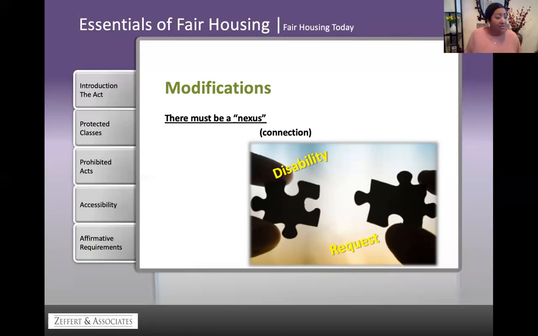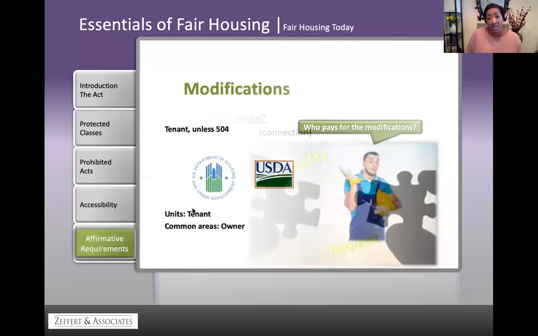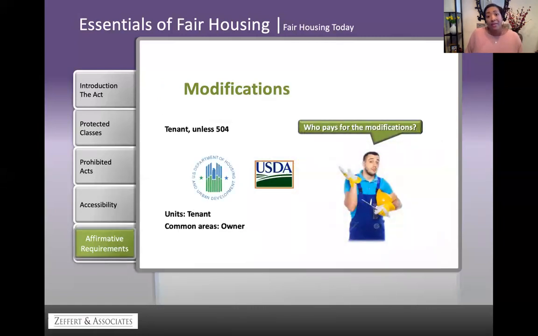As with reasonable accommodation, there must be a nexus, which is the connection or relationship between the applicant or tenant's disability and the modification they are requesting. Who pays for these modifications? If it is federally subsidized or federally funded housing, such as rural development or HUD, they take care of those modifications.